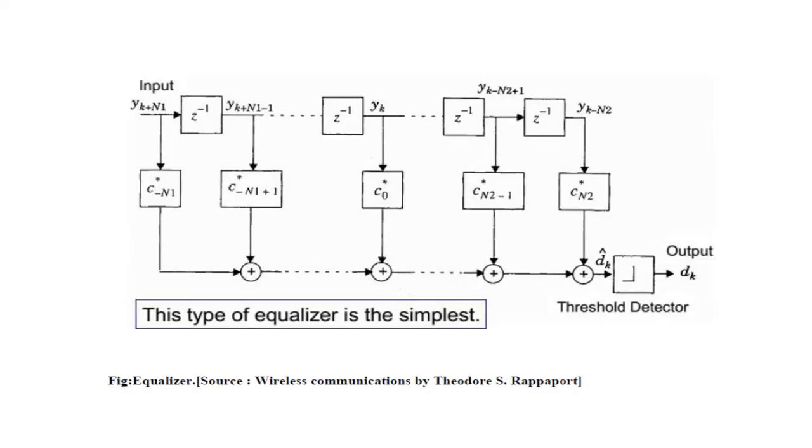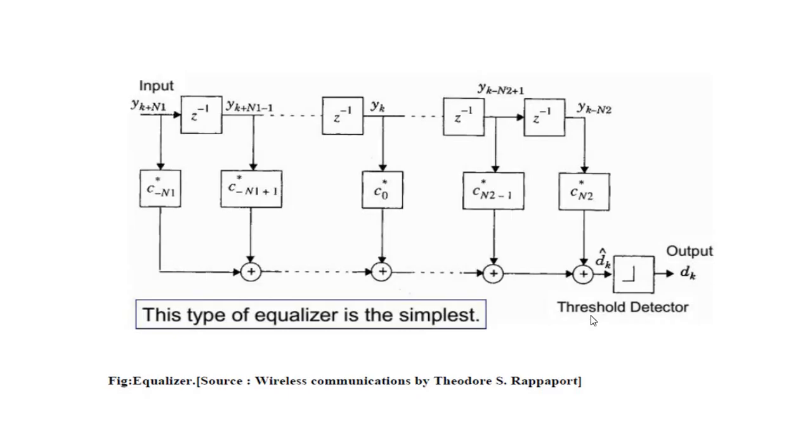The desired level of the output here is dk. So dk is the desired value of the output. But to get that, we need to make this equalizer operate. The equalizer will do the sampling based on the symbol rate, and usually it will do the correction based on the error between dk and dk bar, because we know the difference is between the actual output and the desired output.